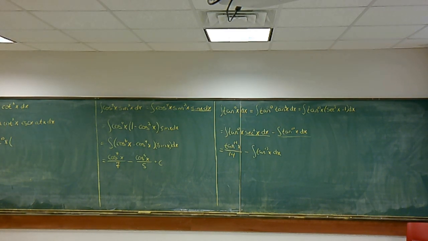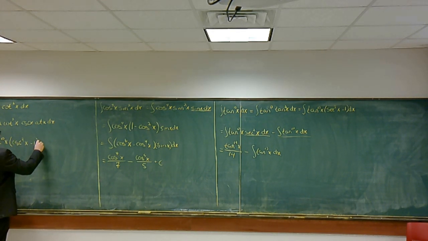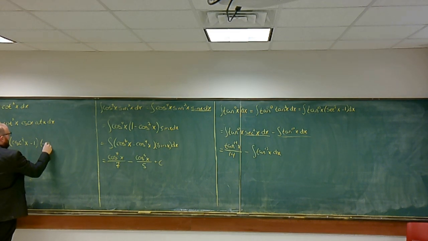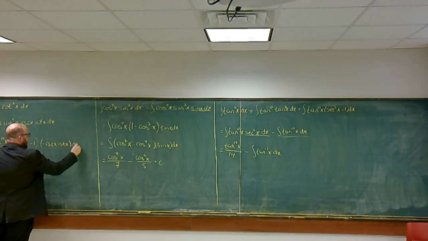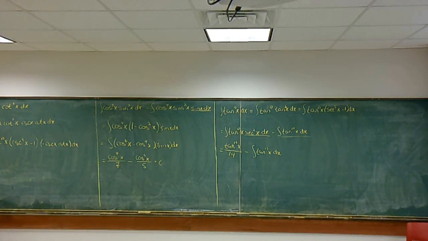Cotangent squared. 1 plus cotangent squared equals cosecant squared. That is the third Pythagorean identity. Which means cotangent squared is cosecant squared minus 1. Notice I made this negative by also factoring out the negatives.